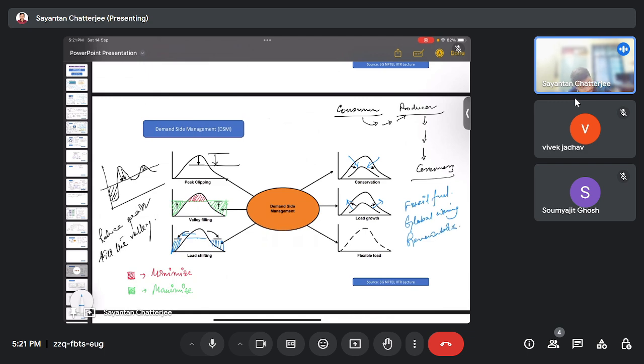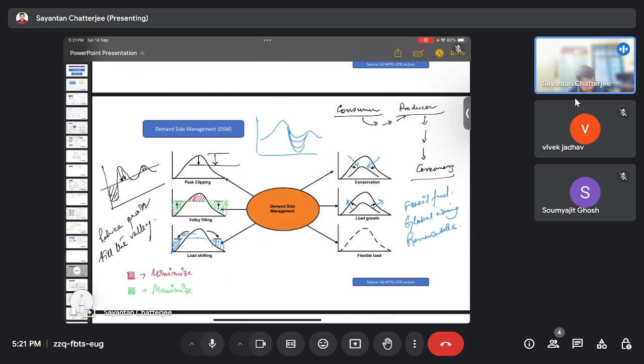We have previously discussed that with the renewables being very high, here is the duck curve.